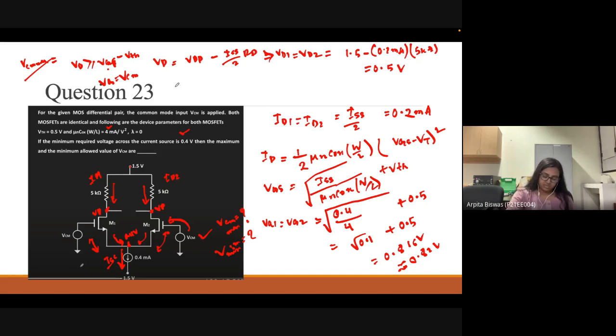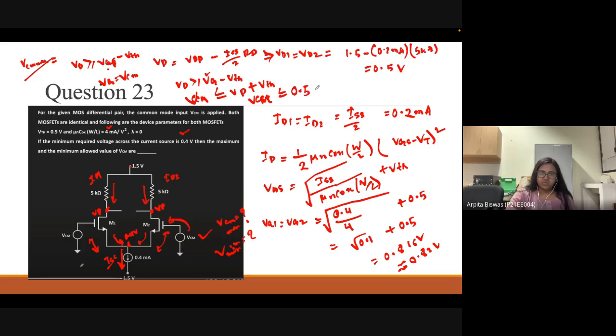Then just write down the equation. VD is greater than or equal to VG minus VTH. We know that VG is the gate voltage, which is the VCM. So we can write VCM less than or equal to VD plus VTH. VCM is less than, what is the value of VD? 0.5.